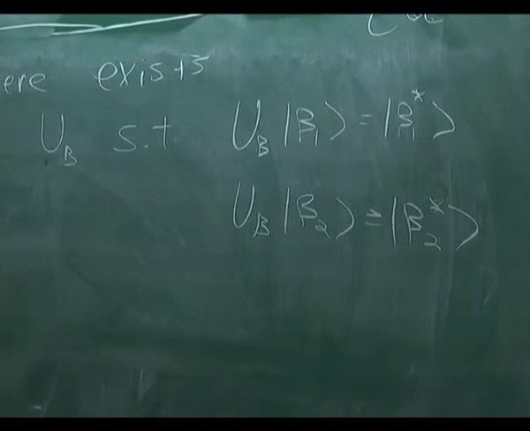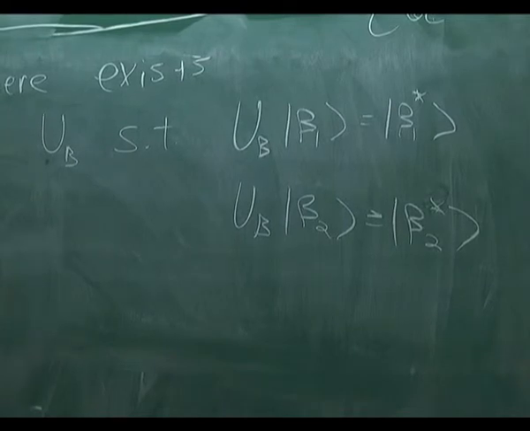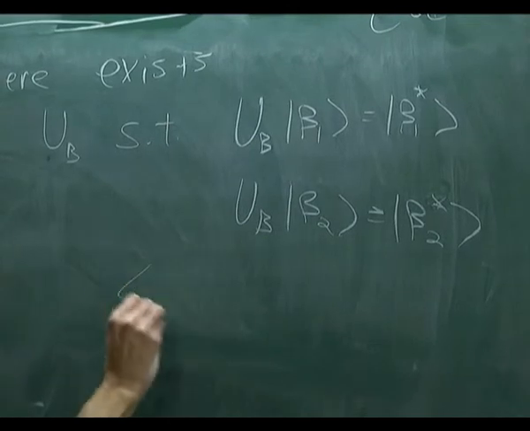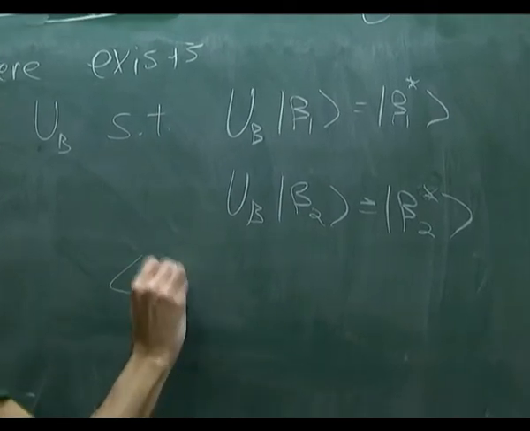If we had a rank 3 operator, then this wouldn't work at all. And if you wanted to convince yourself of this, the reason is that if we look at the inner products of, say, beta 1.